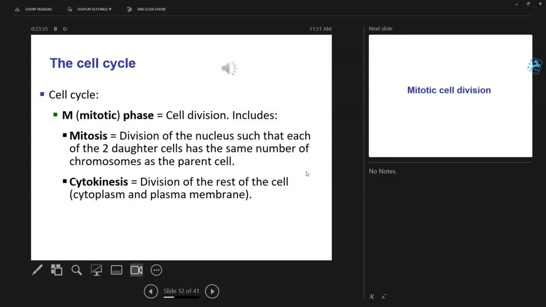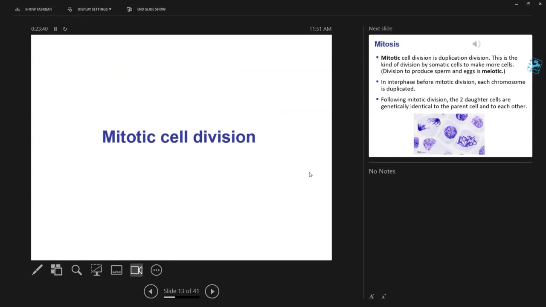Okay, so what happens in this M phase, the mitotic cell division? What we're talking about in this chapter is mitotic cell division. There's another kind of cell division that happens in eukaryotic cells, like human cells, called meiotic cell division. Similar words, but different.